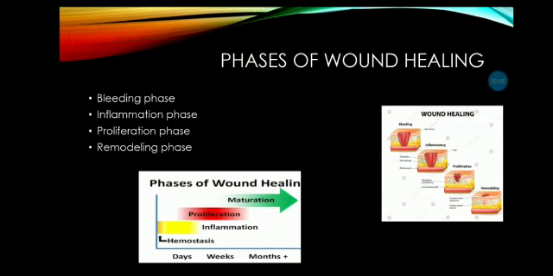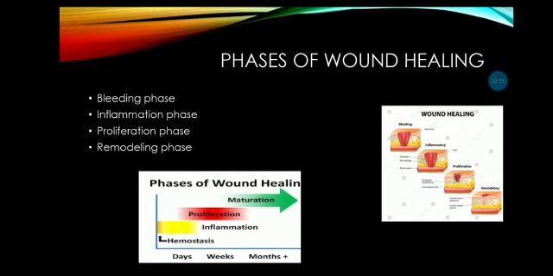First phase is bleeding phase. It is also known as hemostasis. Second phase is inflammation phase. Third phase is proliferation phase, and fourth phase is remodeling phase.